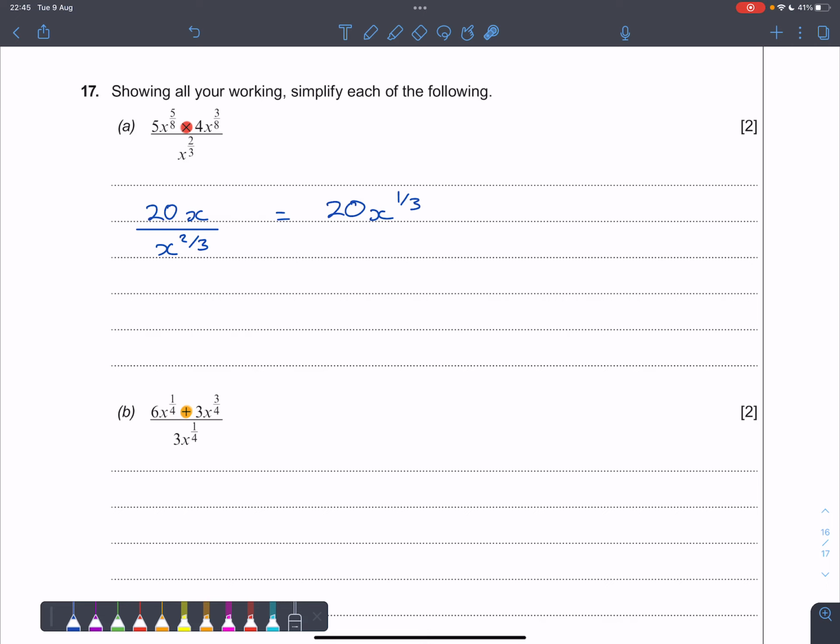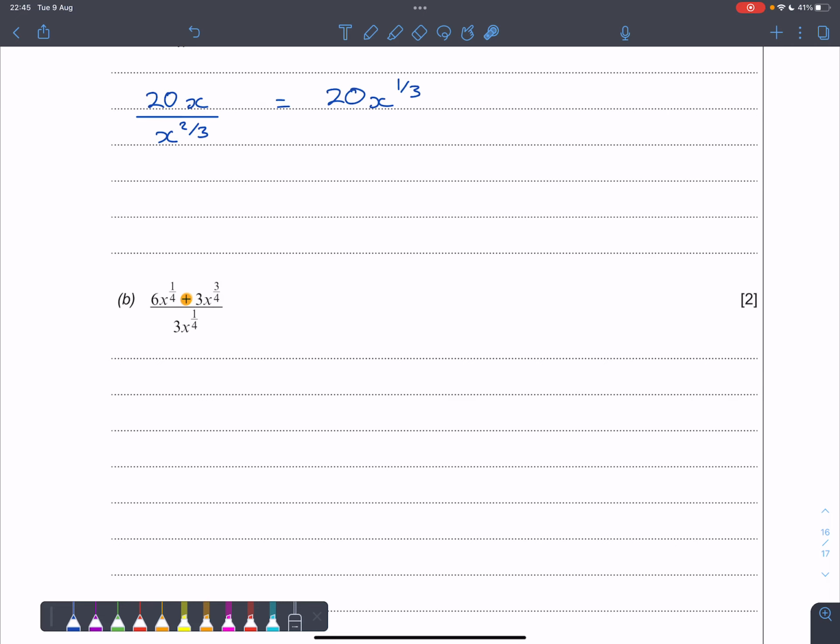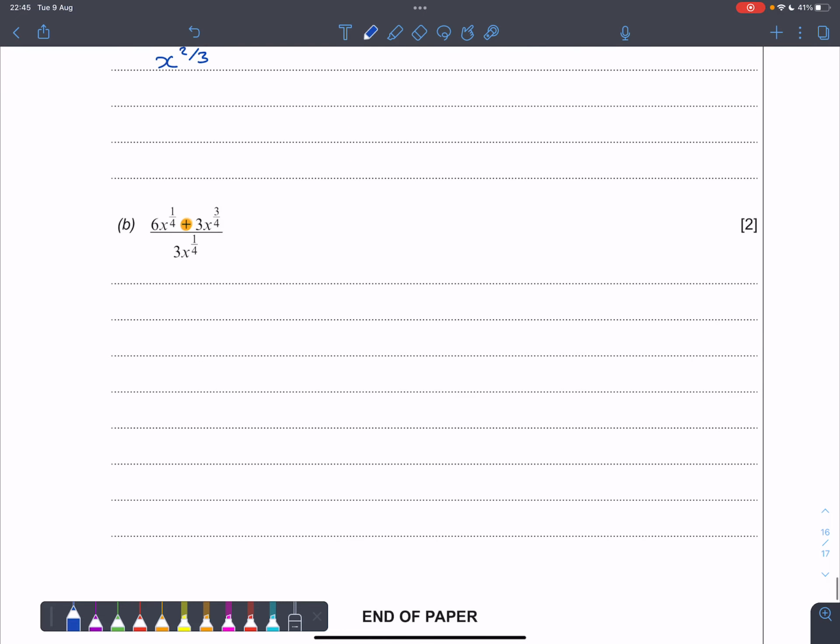So what we have to do is split this one up into two separate fractions. So we can split this up as 6x to the quarter over 3x to the quarter plus 3x to the 3/4 over 3x to the quarter.